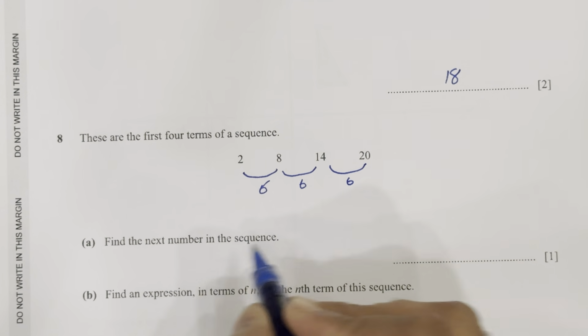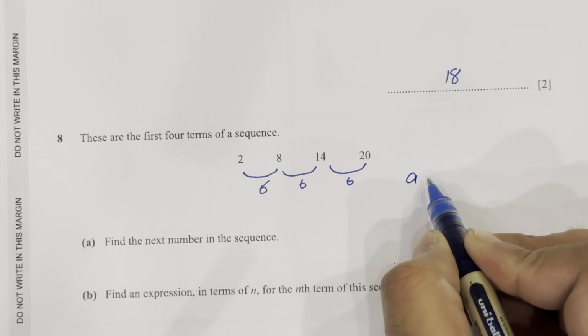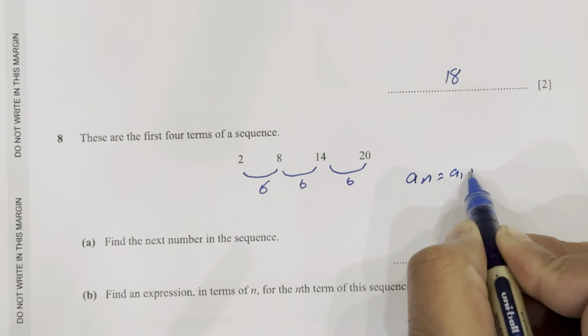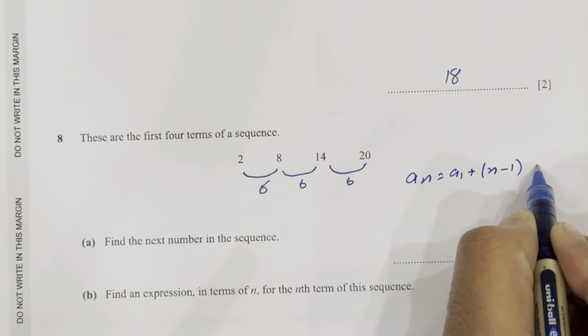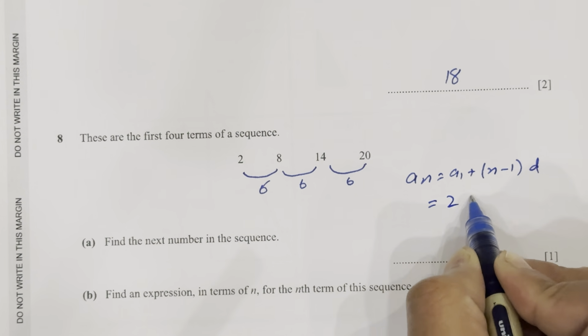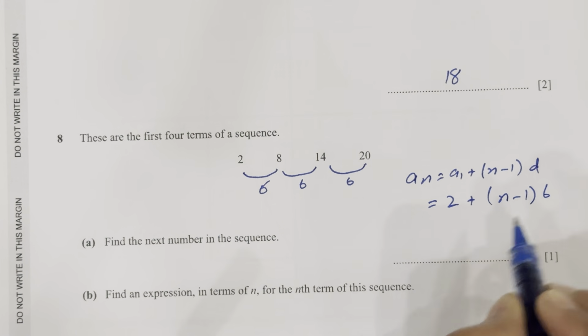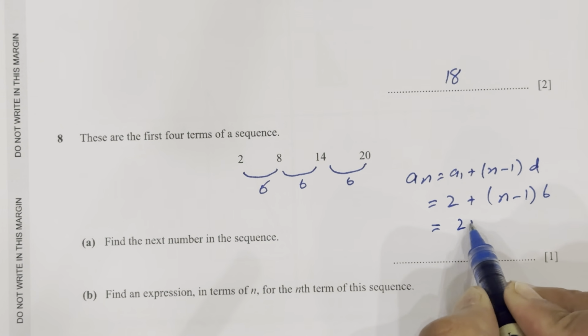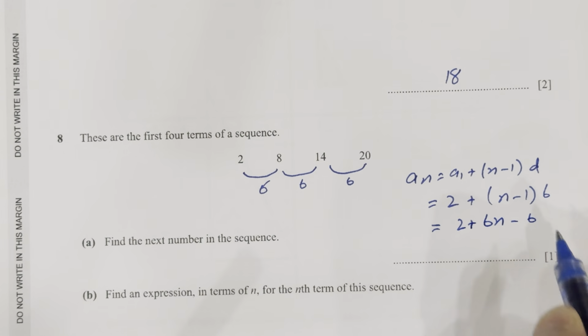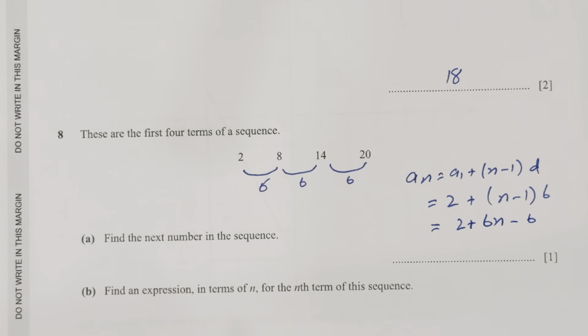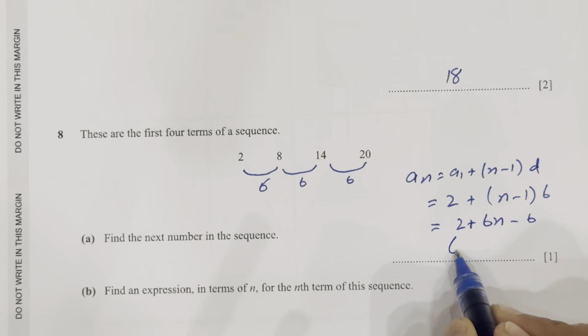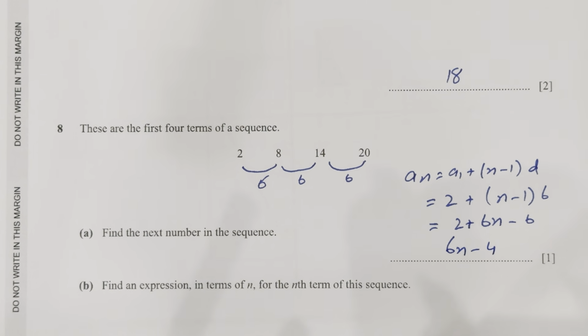So we are going to apply this formula: the nth term is equal to a1 plus n minus 1 times d. Our first term is 2, the nth term we need to find, and the difference is 6. So 2 plus 6n minus 6 is equal to minus 4 plus 6n, or you can say 6n minus 4. That would be our answer.